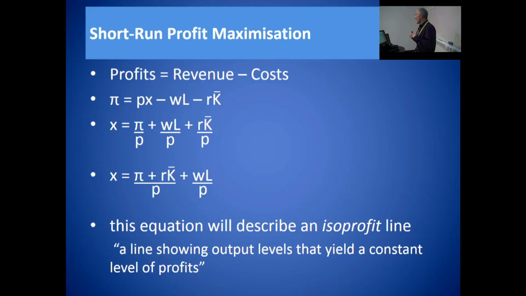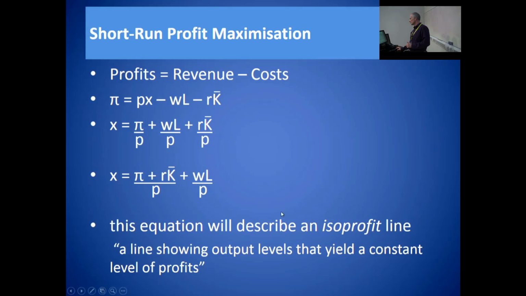It shows output levels that yield a constant level of profits. So all of those output levels a firm can produce that give it exactly the same level of profits. That is an iso-profit line. And that equation perfectly describes it.